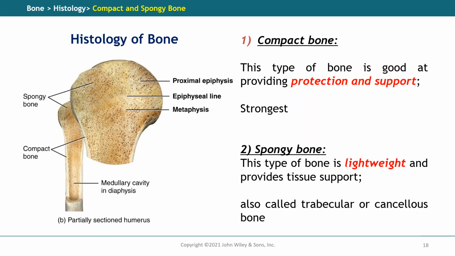Here I wanted to talk about the functions. While the compact bone, as it is the strongest one, will be good for protection as well as support, the spongy bone, as it is less heavy and less compact, will be mainly for support. And remember, the spongy bone has different names. For example, in your textbook, generally they call it trabecular.